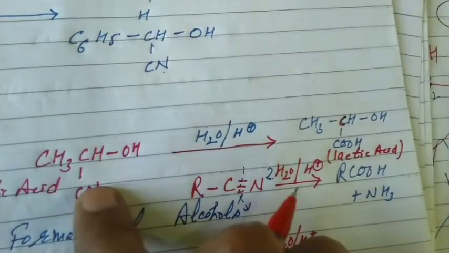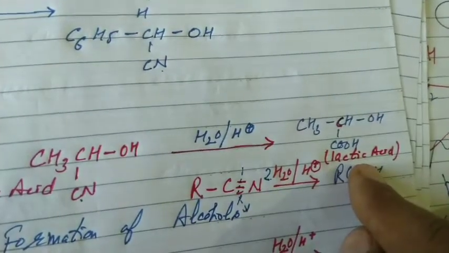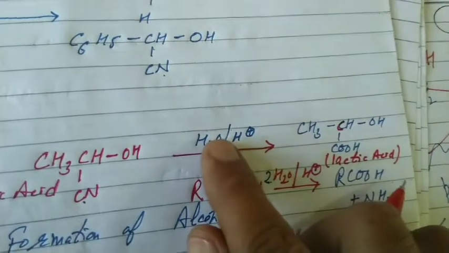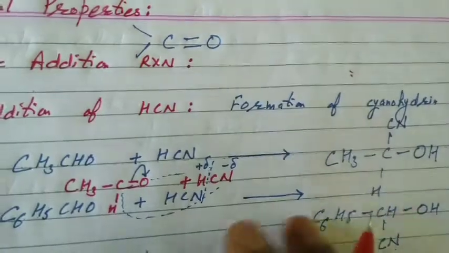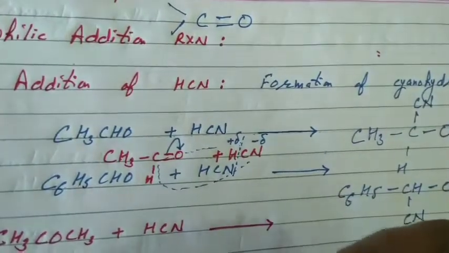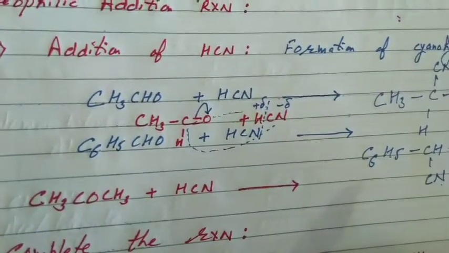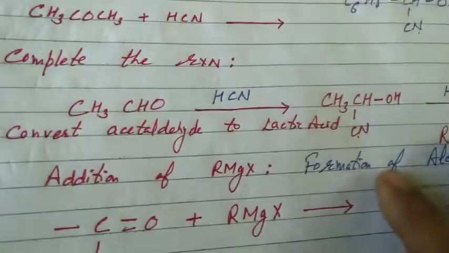Cyanohydrin of which carbonyl compound upon complete hydrolysis gives lactic acid? Again listen, cyanohydrin of which compound upon complete hydrolysis gives lactic acid? Options may be acetaldehyde, benzaldehyde, or acetone. If we have to obtain lactic acid, it means the cyanohydrin of acetaldehyde.